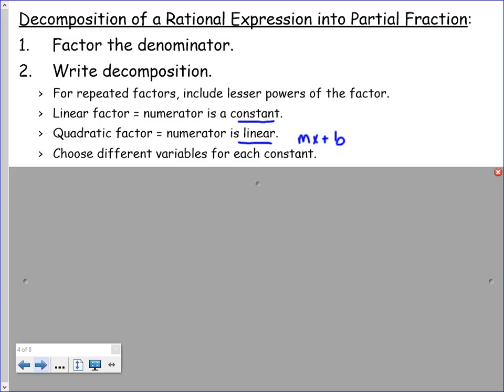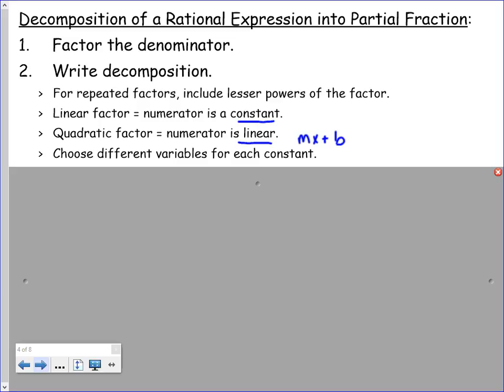So if it's my first one, I might say Ax plus B, or Bx plus C, or Cx plus D, depending on where I'm at in my letters. That's what it looks like when I say the numerator is linear. And make sure that you never reuse the letters A, B, C, or D for a numerator. You should pick a new one for each numerator, each set that you do.